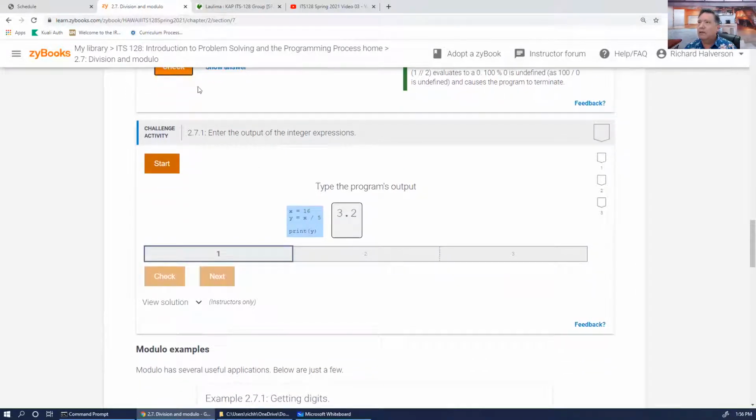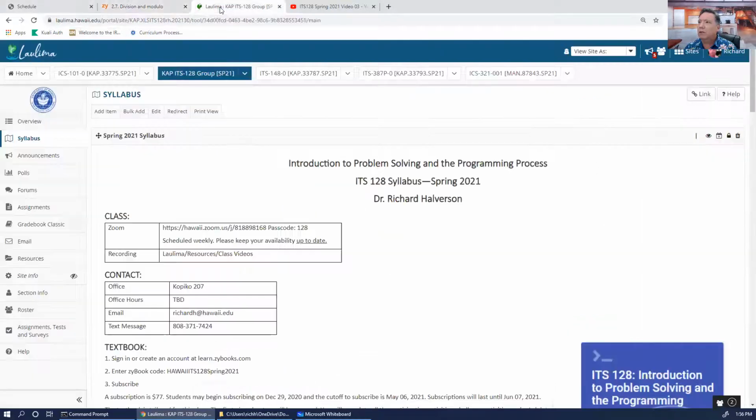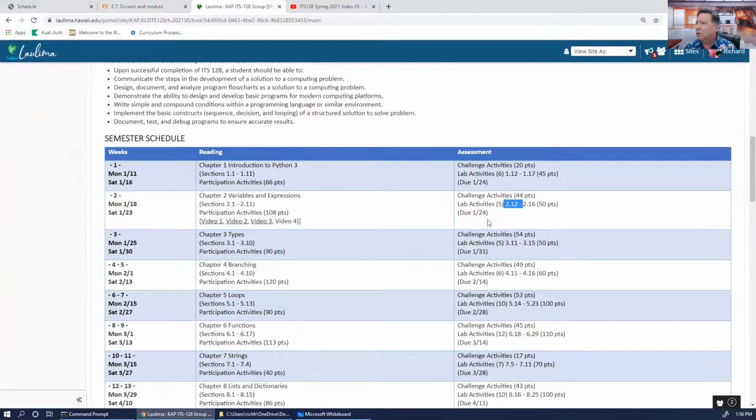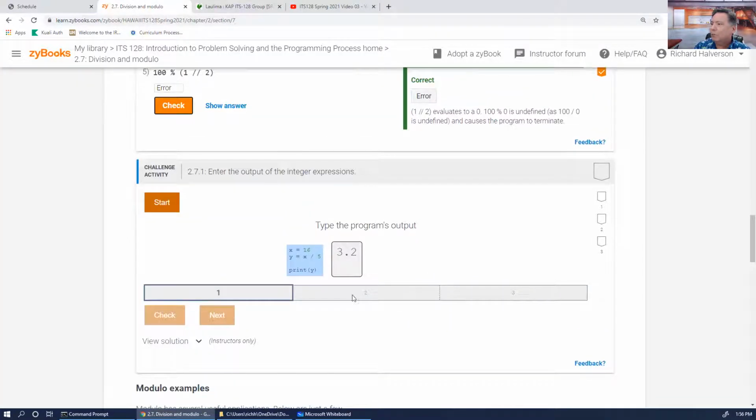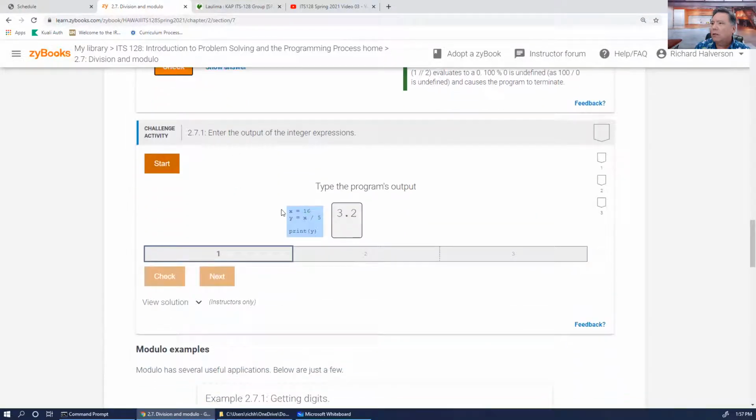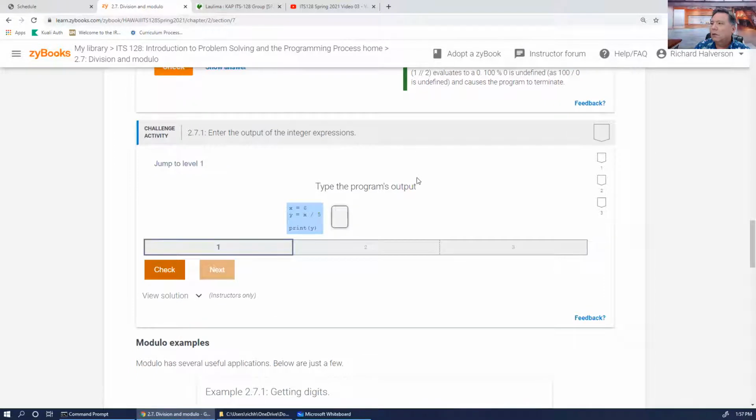Here's a challenge activity. How far are we going? We're going to 11. So here's a nice challenge activity.